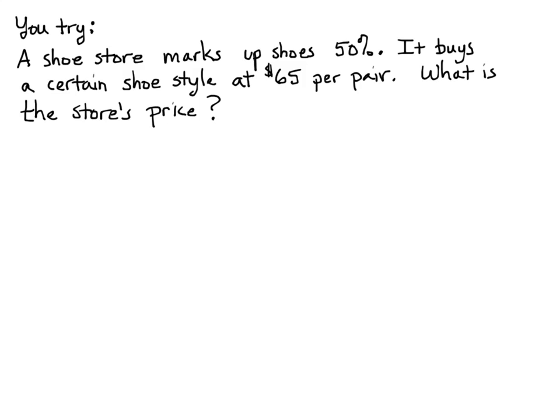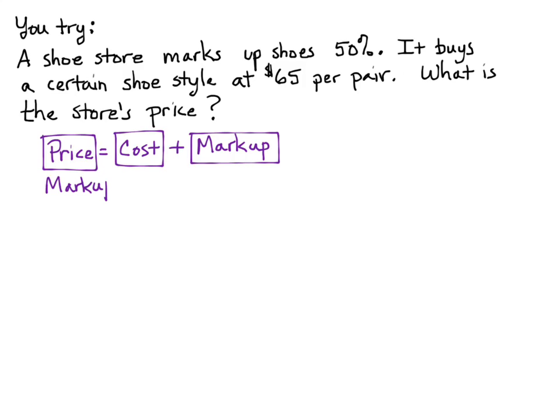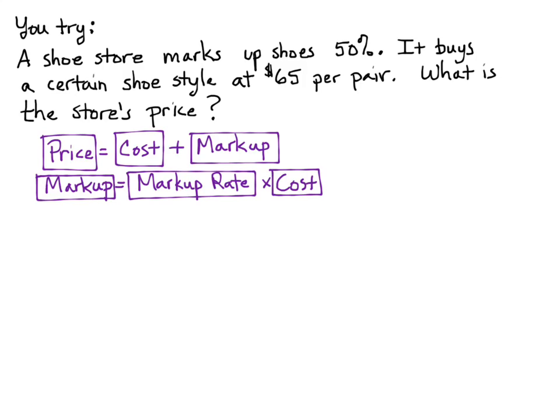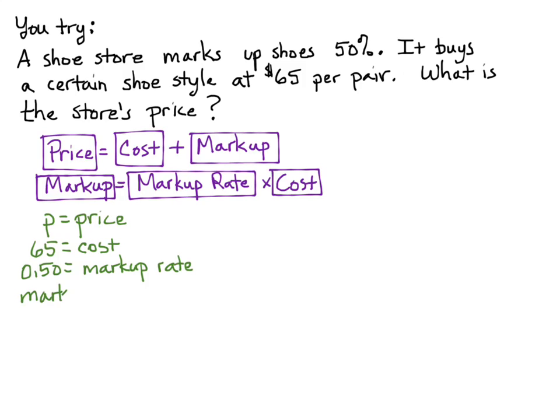So let's see how to calculate this. All right, so we know that the price is the cost plus the markup. The markup is the markup rate times the cost. And so I'm going to say P is my price, $65 is my cost, my markup rate is 0.5.